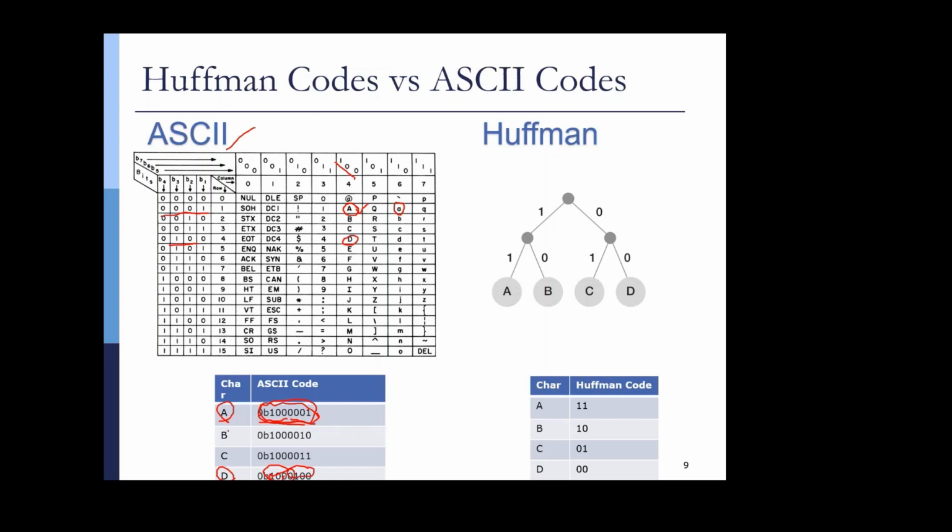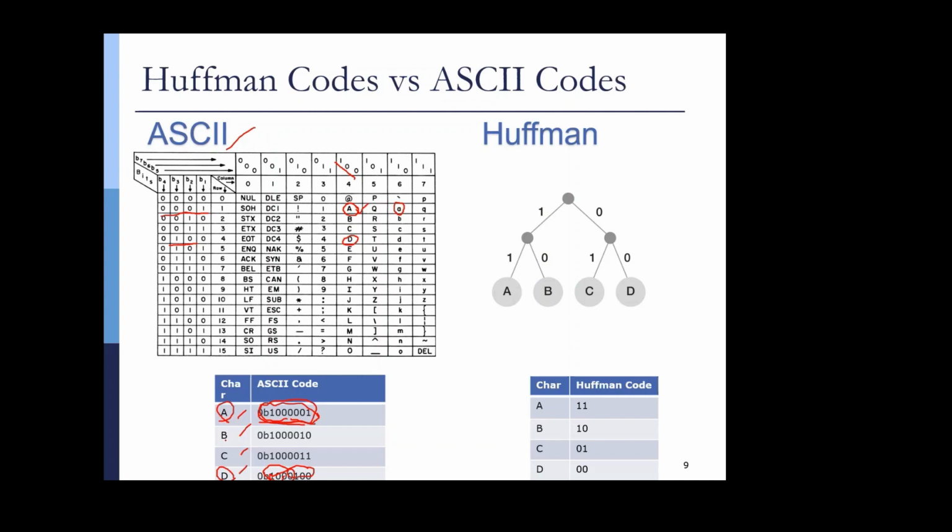So if we encode this and send it through the network, we need to reserve 4 bytes on the network just for 4 letters. Such a waste, right? 4 letters, 4 bytes.